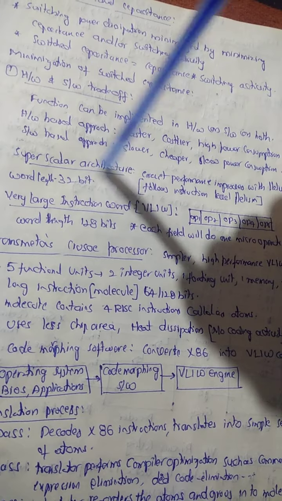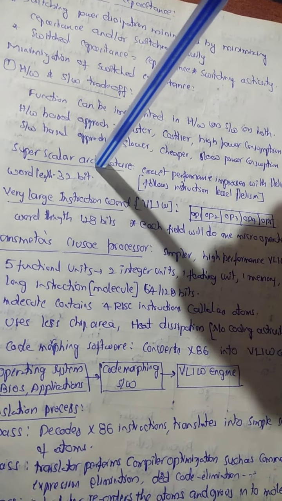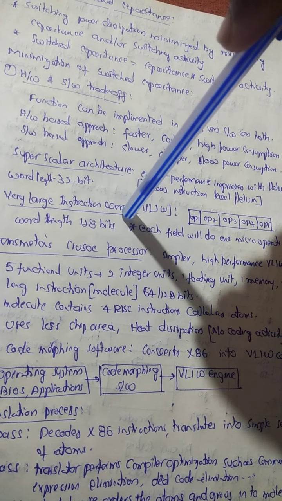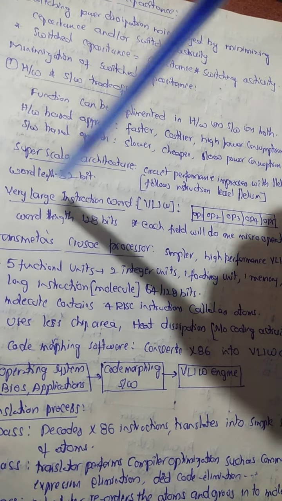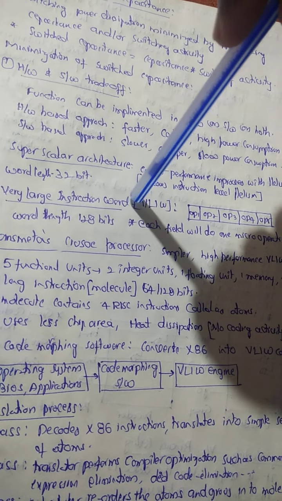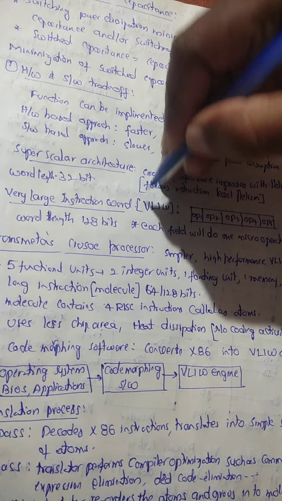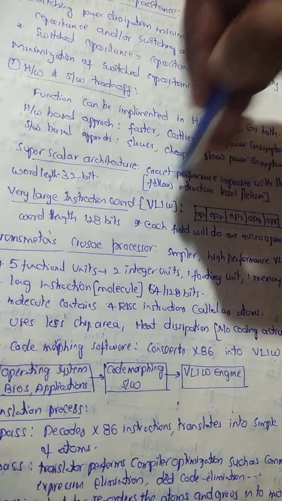Of course, here the word length is only 32 bits. Instead of that, we can make use of the next version, a very large instruction word. Usually we call it VLIW, very large instruction word.